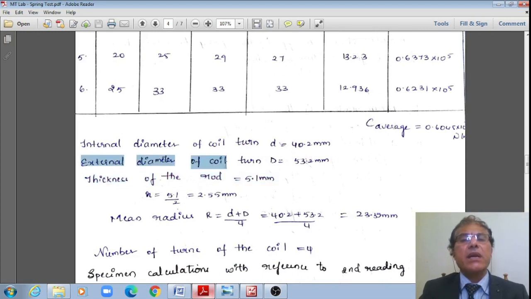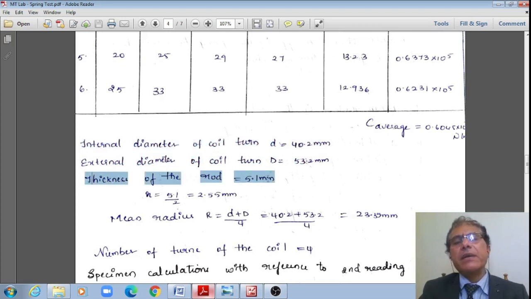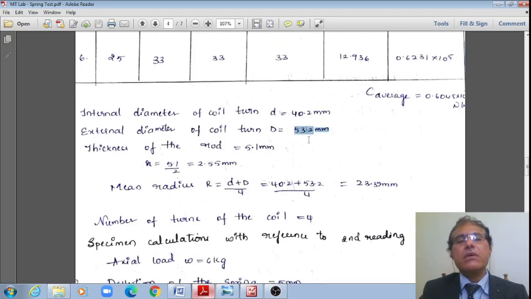Even the external diameter I have measured and am directly noting down as 53.2, but it is better you don't do this. Instead, measure the internal diameter of the coil turn, plus 2 times the thickness or the diameter. That gives the external diameter.